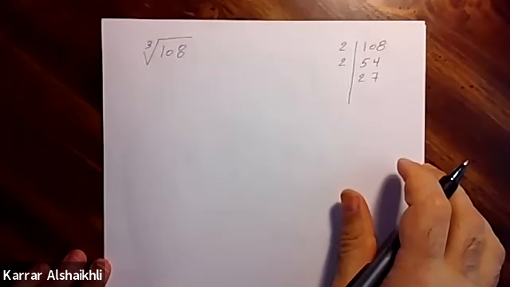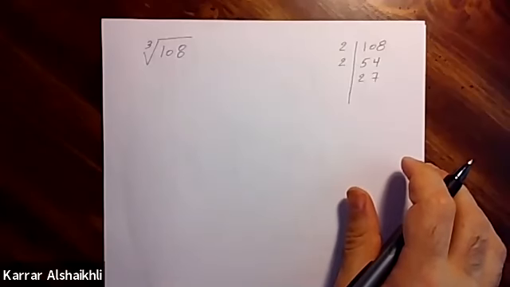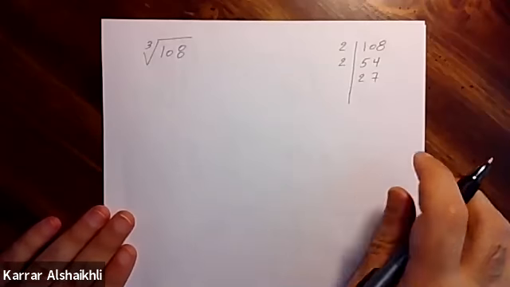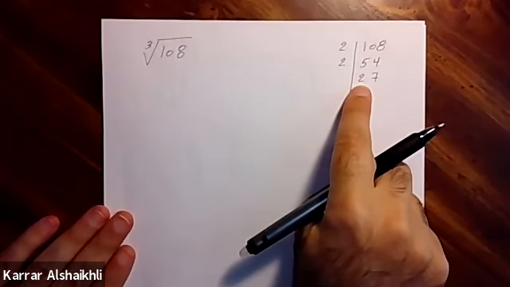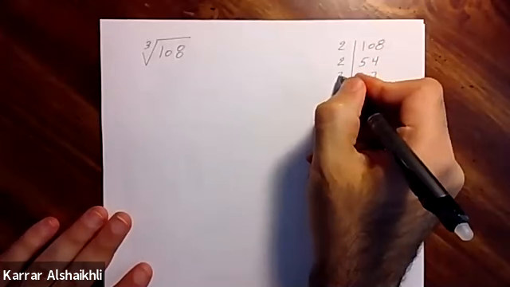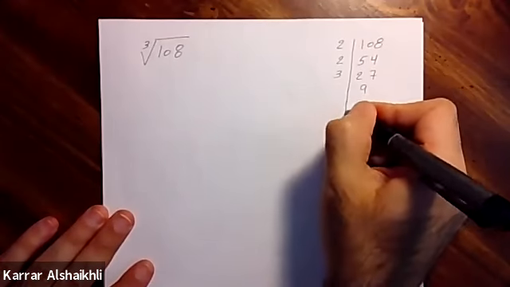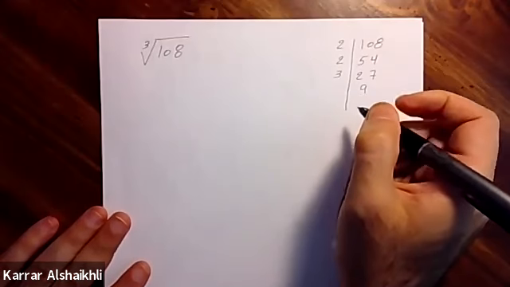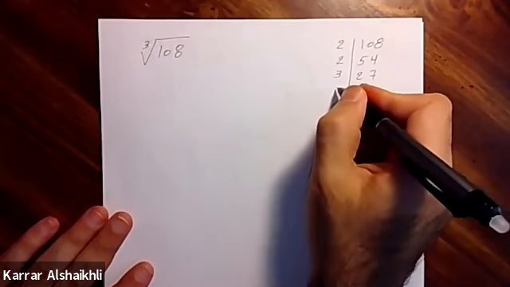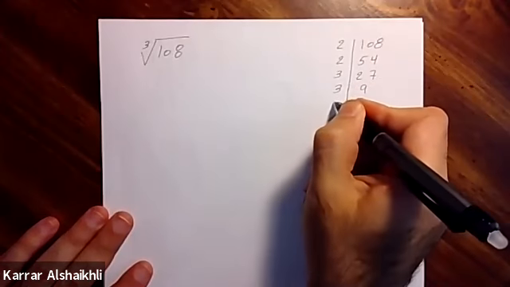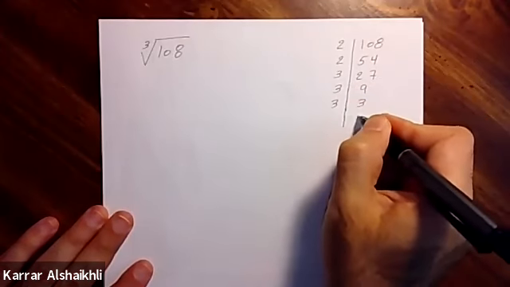I need to find the cubic root. 27, I can't divide by 2. I'm going to divide by 3. By 3 is going to be 9. 9 by 3 is going to be 3. 3 divided by 3 is going to be 1.